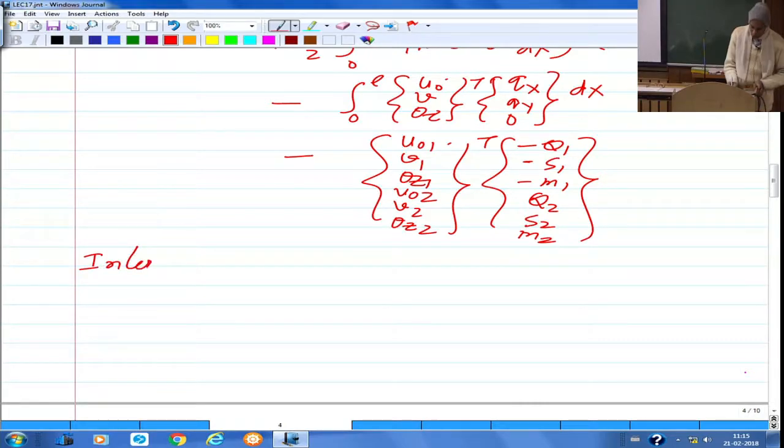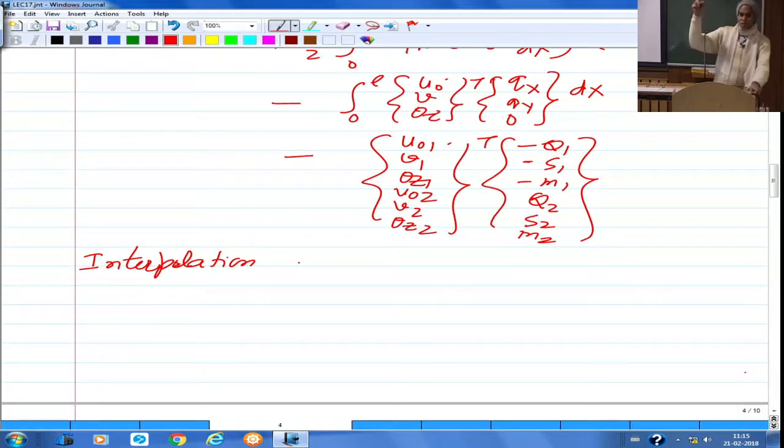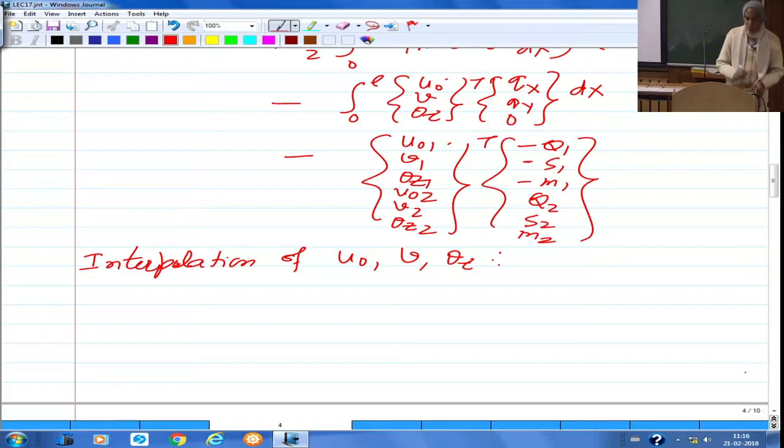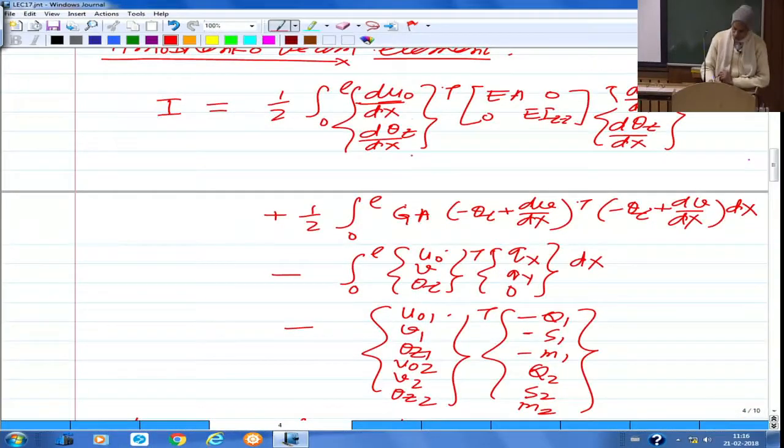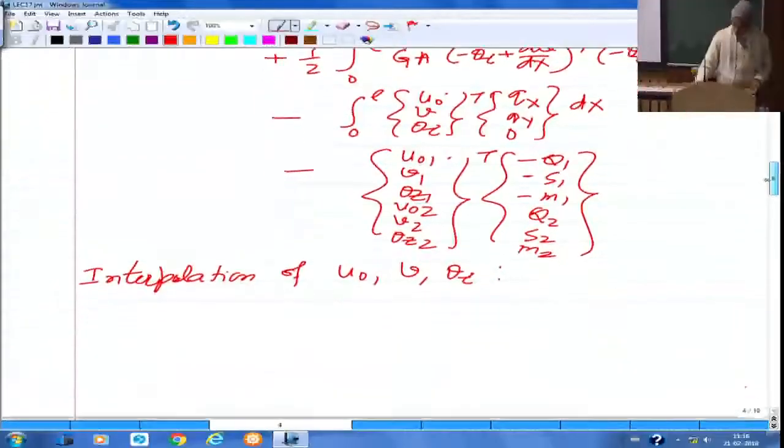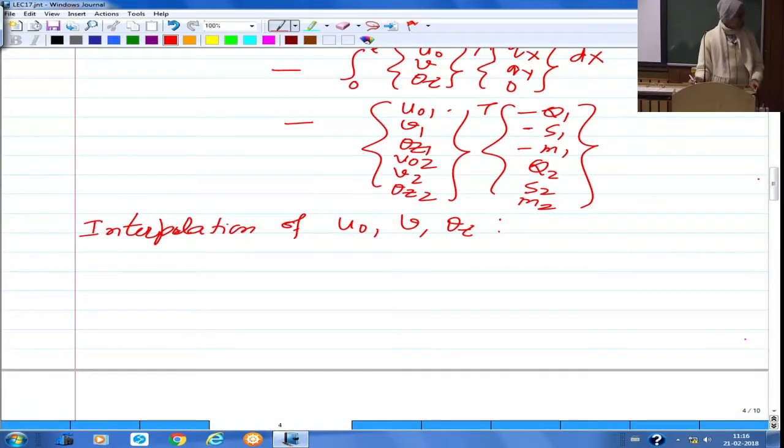So interpolation of u naught, v and theta z. We discussed by looking at this integral functional that the highest derivative of u is the first, similarly the highest derivative of theta z is the first derivative, and the highest derivative of v is the first.